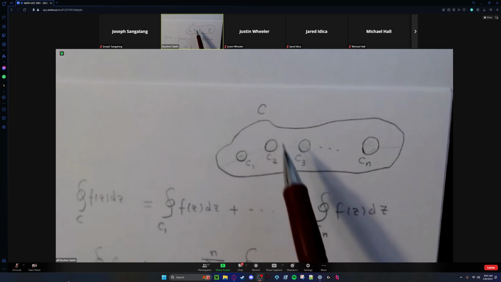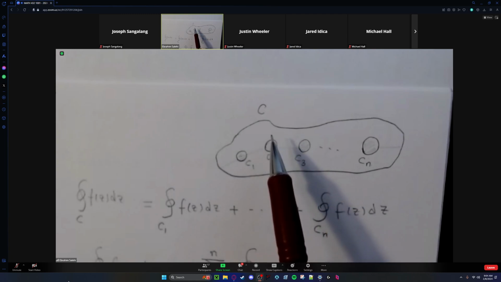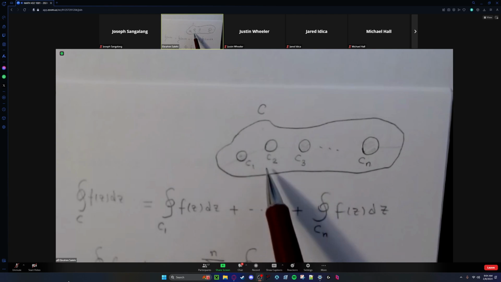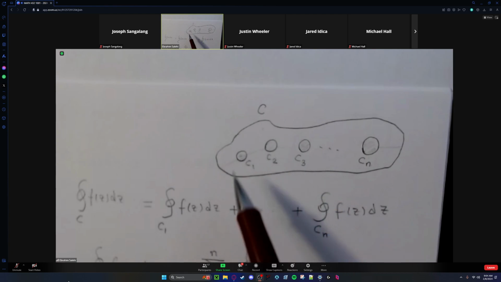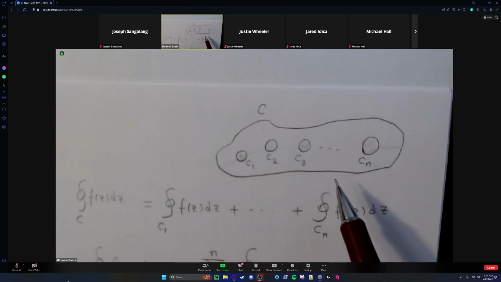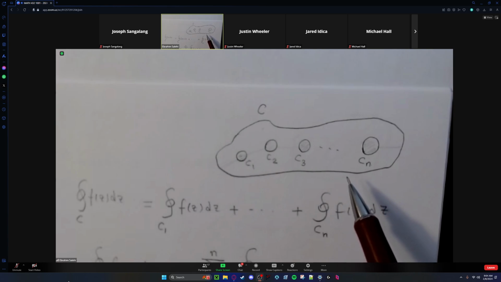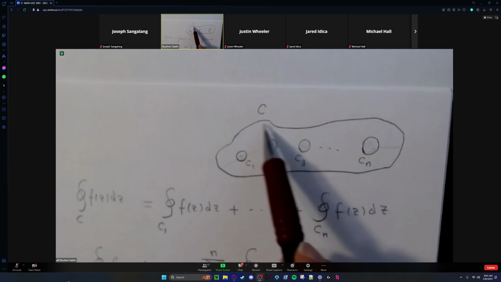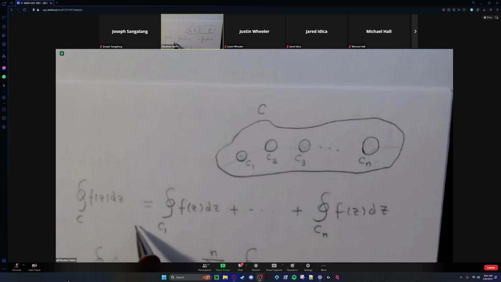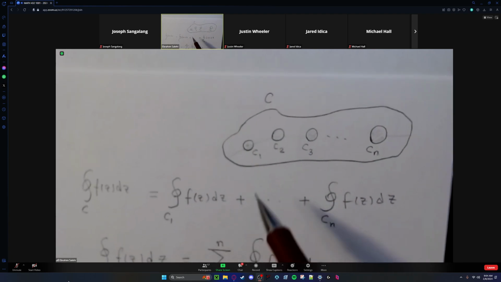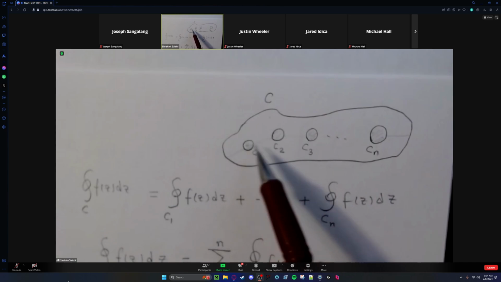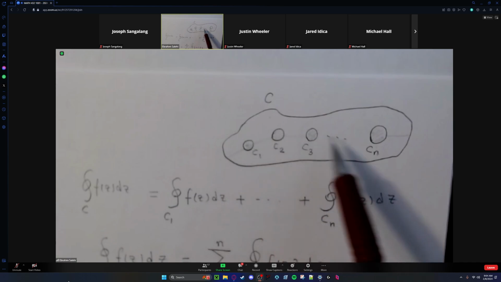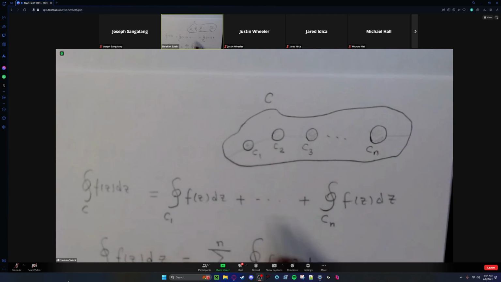We divide this into 2 parts, top part and lower part, and we apply Cauchy's theorem on those. We will get this: the integral over the outer boundary is the same as the sum of the integrals over the inner boundaries, these holes, okay?